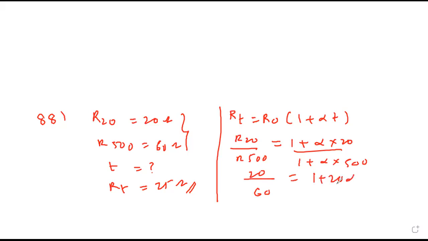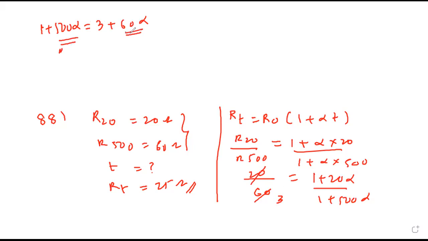By cross multiplying, 1 plus 500 alpha is 3 plus 60 alpha. 500 minus 60 will become 440 alpha equals 3 minus 1. So alpha is 2 upon 440, 1 upon 220 per degree Celsius.